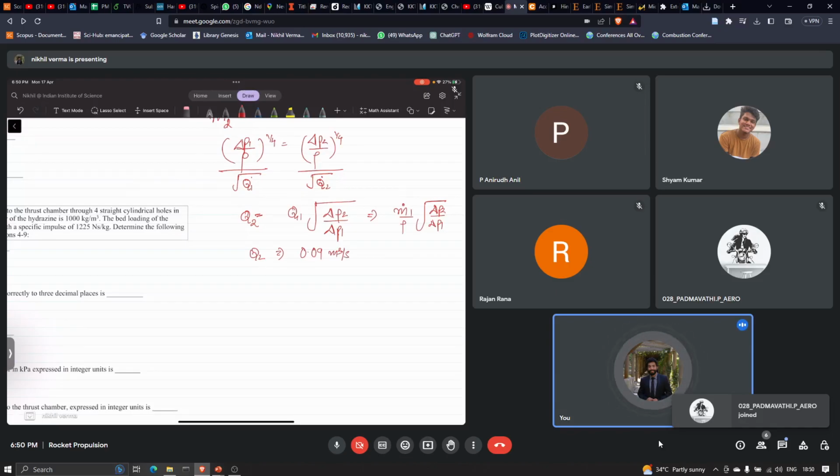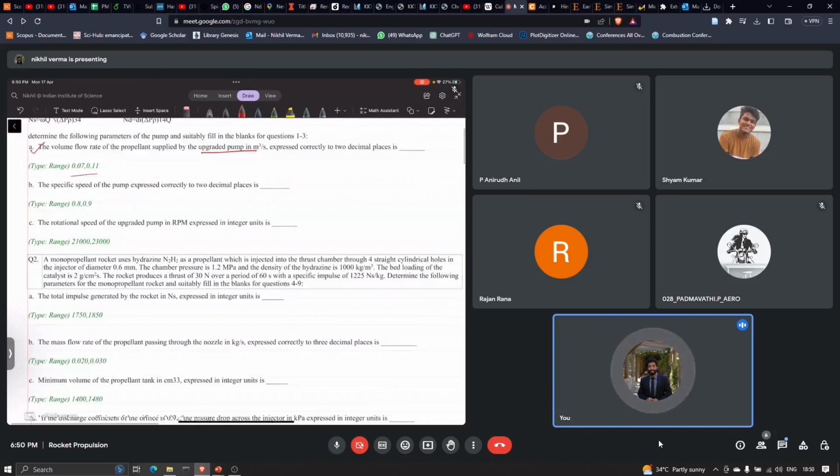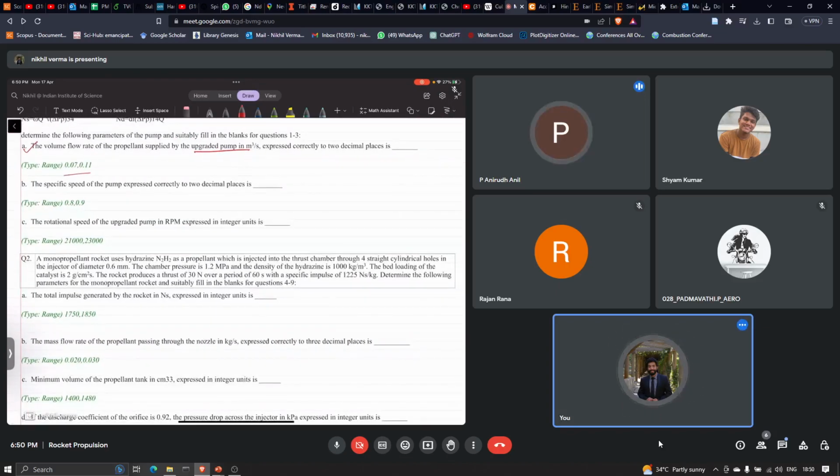I hope you are getting this value right. Are you getting the same value? Yes, sir. Okay, now we have to find the specific speed of the pump. The specific speed is given as omega under root q delta p by rho to the power 3 by 4.